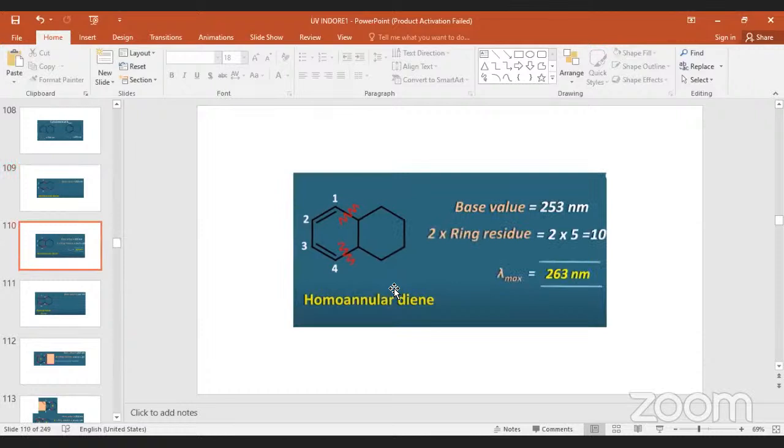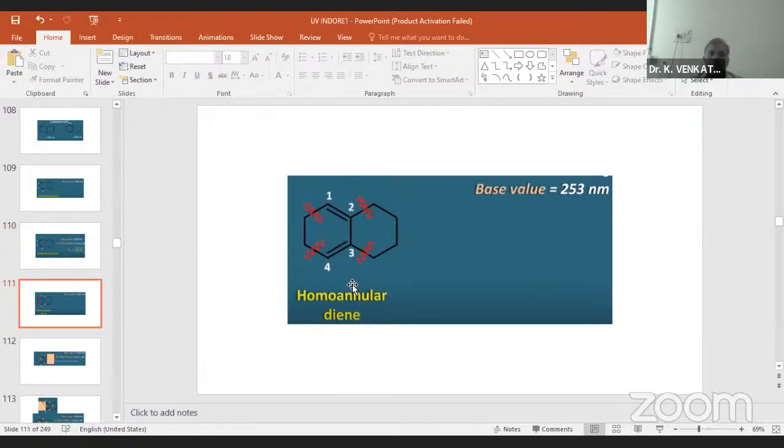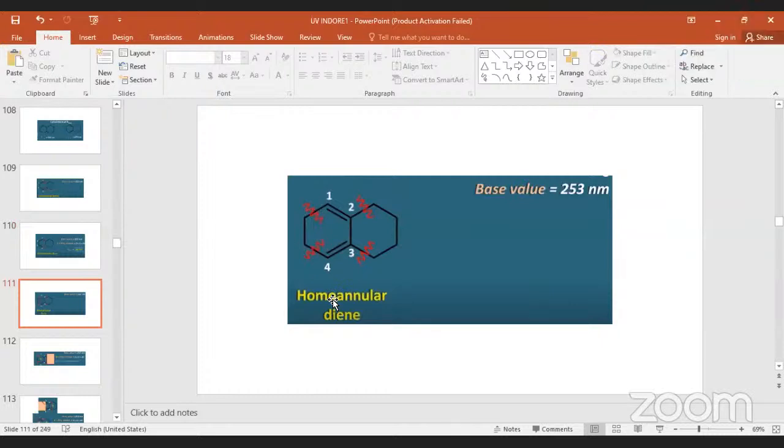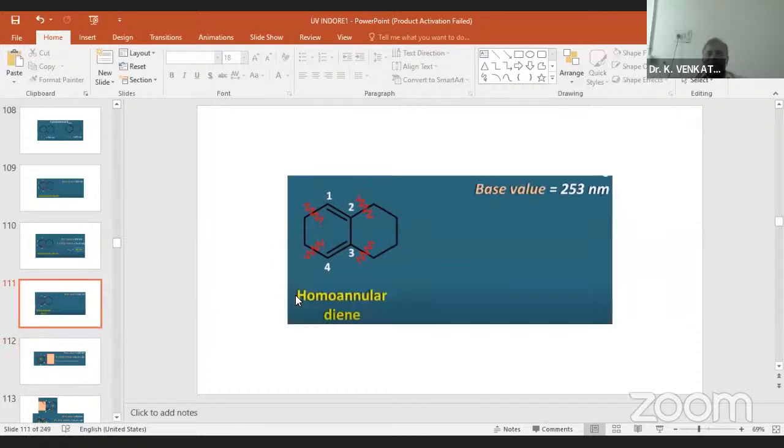2 ring residues. The base value is 253 and 2 ring residues are present, so the total is 263. Then 273 plus 2 exocyclic double bonds.